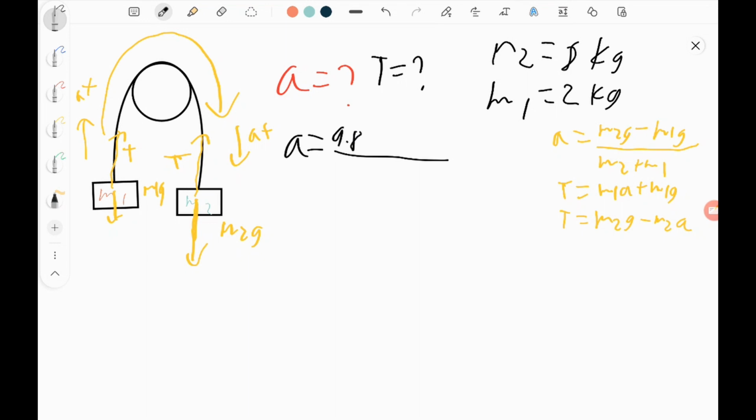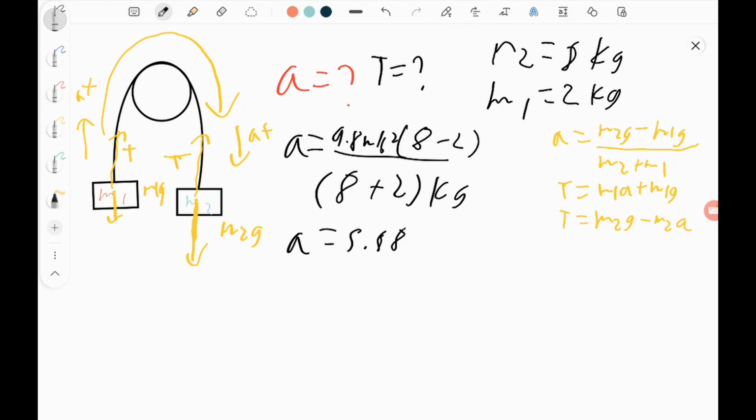So we could just say 9.8 meters per second squared off the bat, multiplied by M2 minus M1, or 8 minus 2 divided by M2 plus M1, which would just be 8 plus 2 kilograms. And that gives us a result of around A is equal to 5.88 meters per second squared.